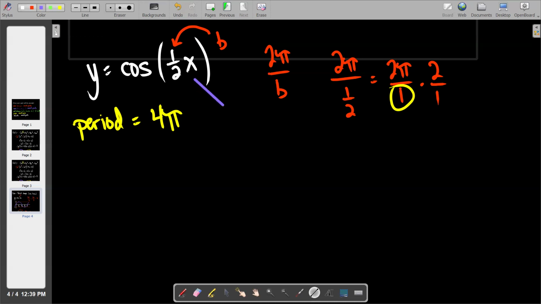If I put in what normally would be a full period cycle, 2 pi, that normally completes a cycle, right? But what's half times 2 pi? What's half of 2 pi? 1 pi. And then I realized, dang it, I just put in what normally would be a full workload around the unit circle, and I only got halfway there, which implies I need to go essentially twice to get the same bang for the buck.